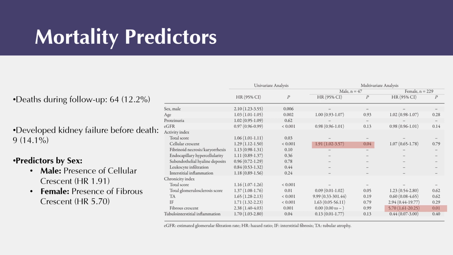Specifically, among male patients, the presence of cellular crescent was a predictor of mortality with a hazard ratio of 1.91. On the other hand, for female patients, the presence of fibrous crescent increased the risk of mortality with a hazard ratio of 5.7.